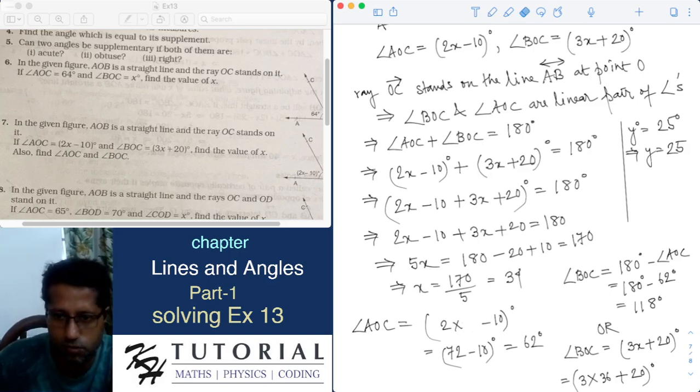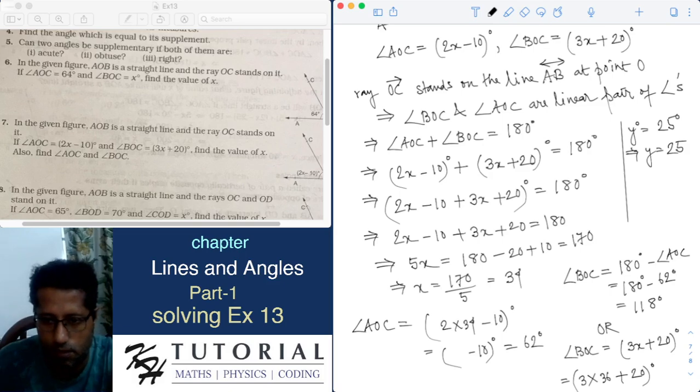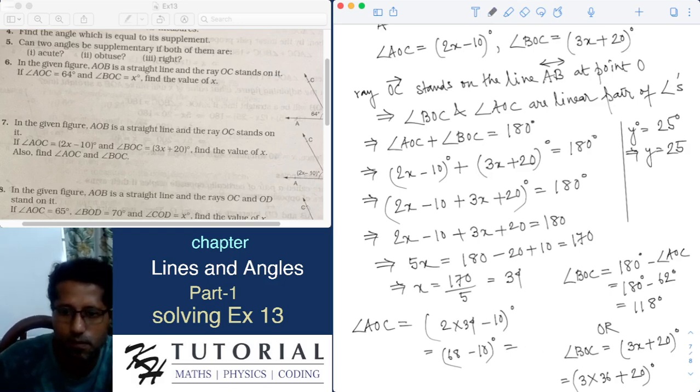Now angle AOC will be 2 into 34 minus 10 degree, which is 68 minus 10 degree. So this is 58 degree.